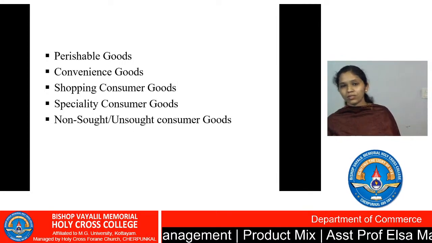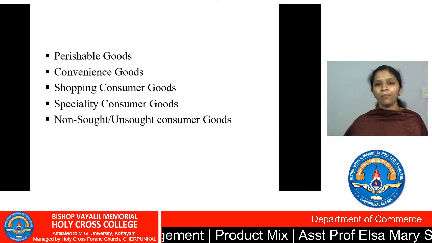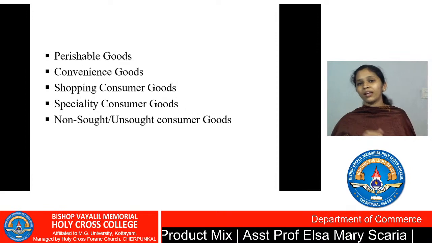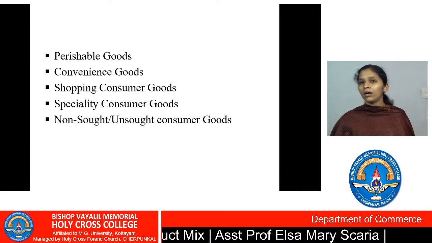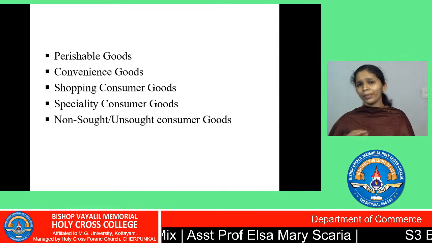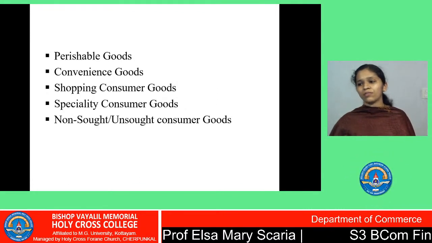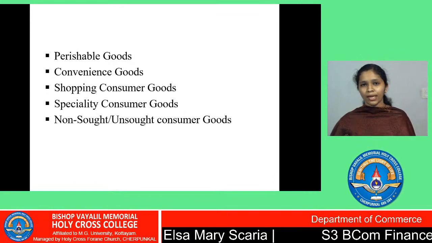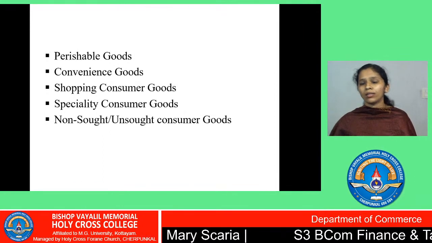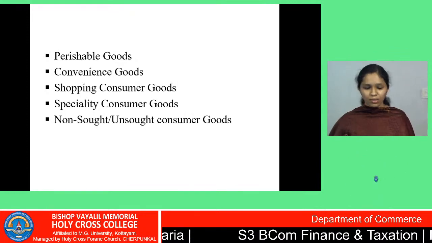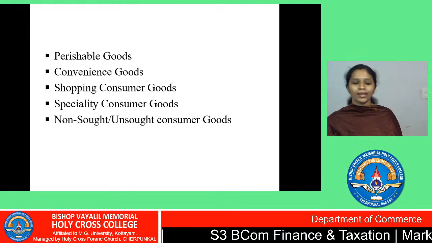Then convenience goods. Convenience goods means they are convenient to the consumers. The consumers can consume that product immediately after purchasing it. Example, fast food. Then shopping consumer goods. Before purchasing these goods, the consumers make a clear-cut analysis on the basis of price, style, brand, etc. Example, jewelry items. Then the next one, specialty consumer goods.